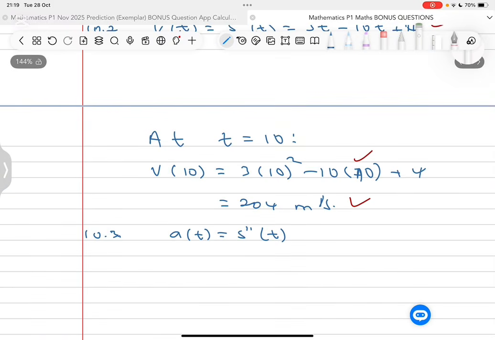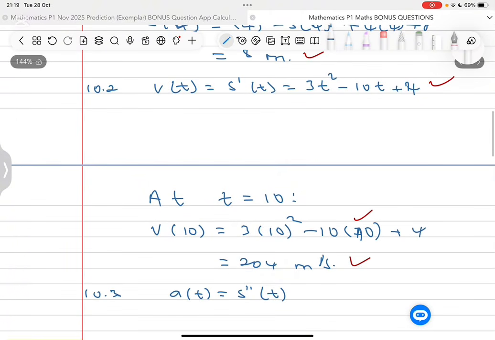If we take the second derivative, we should get acceleration. To take the second derivative of this, I'm going to have 6t minus 10. It's just a minus 10. Remember, this one here would be to the power 0, which gives me 1.